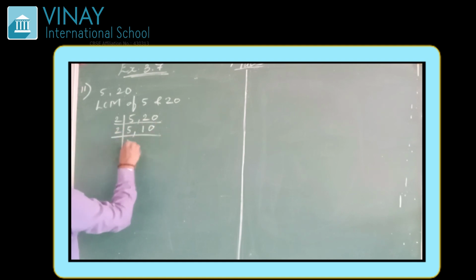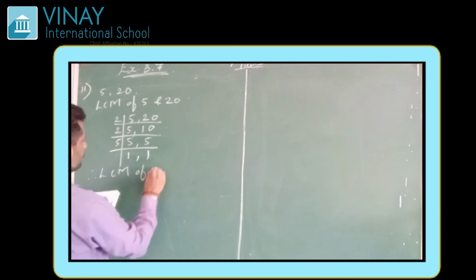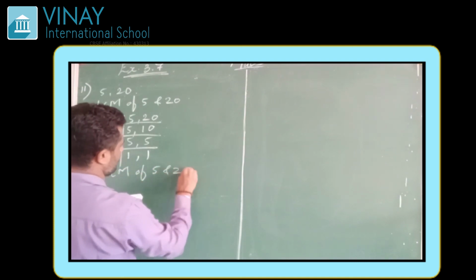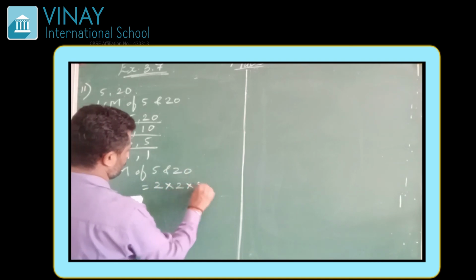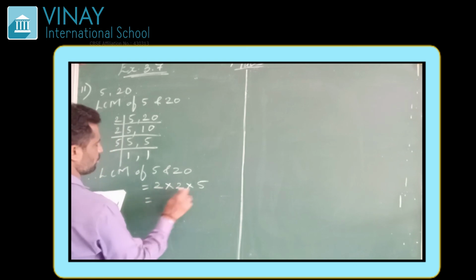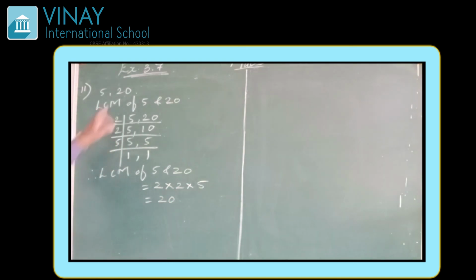Again by 2, 5 as it is, 5. 5 divided by 5, 1, 1. Therefore LCM of 5 and 20 is 20.